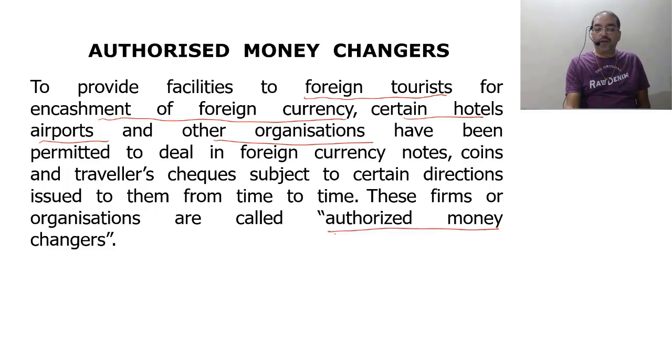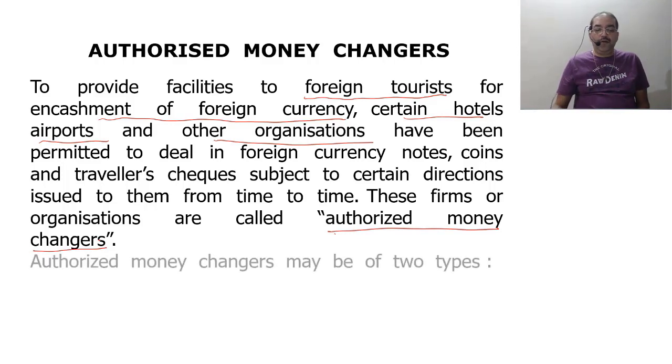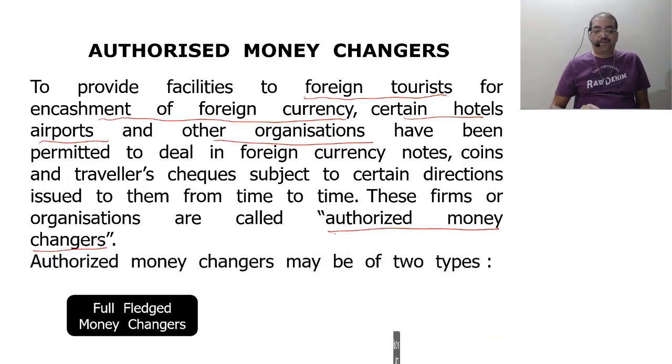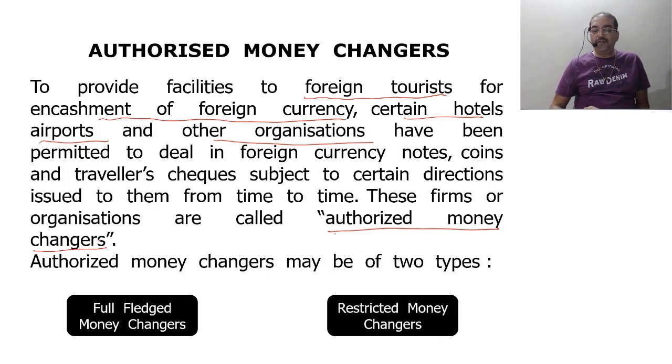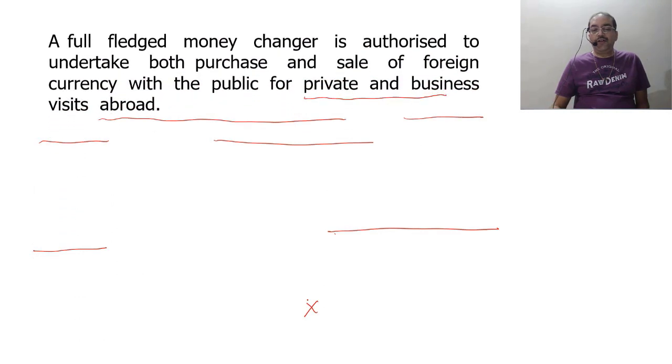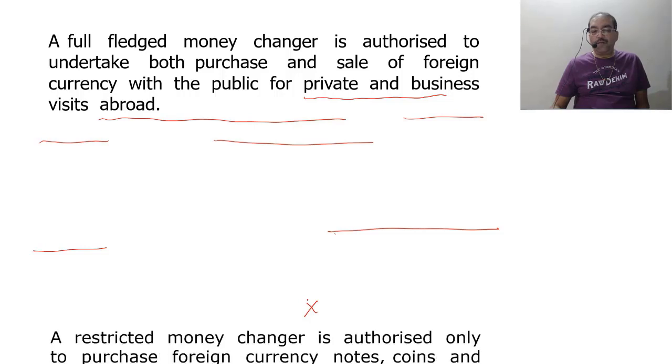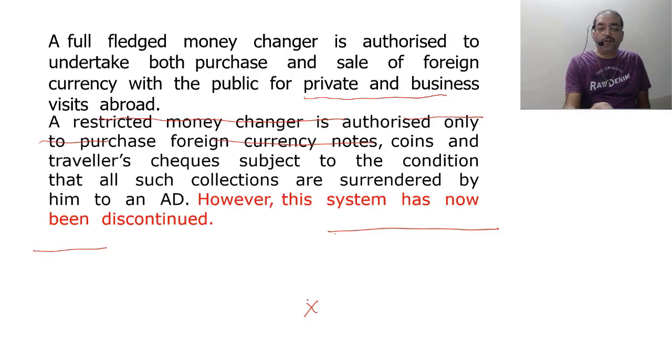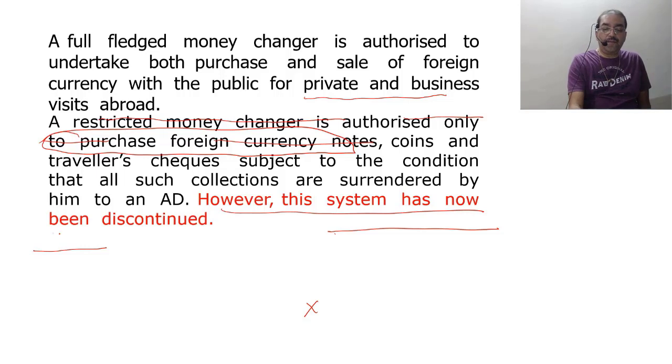These firms are called authorized money changers. Authorized money changers may be of two types: full-fledged money changers and restricted money changers. As I told you, restricted money changers are no longer there. A full-fledged money changer is authorized to undertake both purchase and sale with the public for private and business visits abroad. A restricted money changer is authorized only to purchase, not to sell. However, this system has now been discontinued.